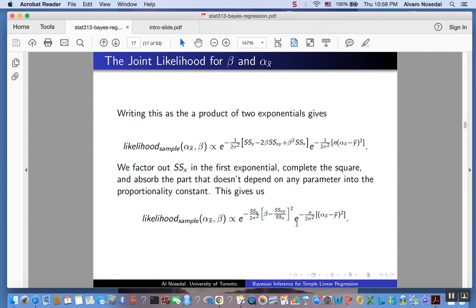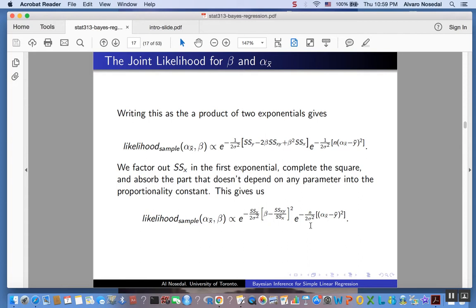On the other hand, the likelihood for alpha x bar is proportional to a normal with mean y bar and variance sigma squared divided by n, right? Okay, so we have a very important ingredient that we need to apply Bayes' theorem to this model, the simple linear regression model.